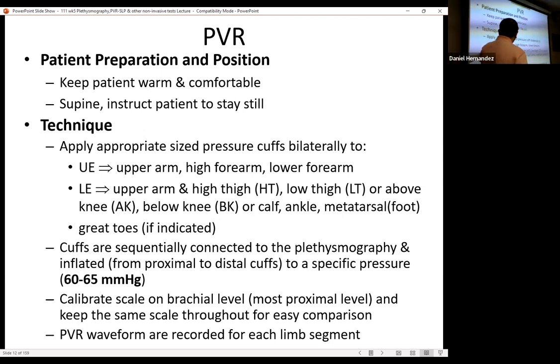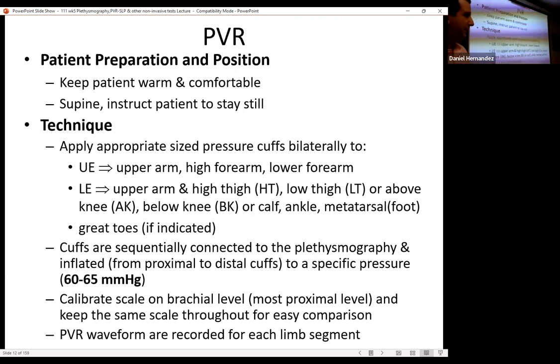So again, the majority of peripheral arterial disease is gonna be in their legs. If we're doing a 4 cuff technique, we have a cuff on the upper arm on both sides, then we have a high thigh, low thigh, calf and ankle, and then we also place a metatarsal cuff. We also have the little cuffs if we need to for the great toes.